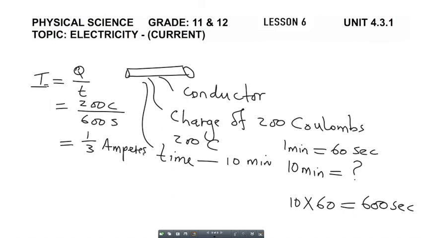So this 1/3 amperes is the equivalence in decimal to 0.33, which is going to repeat, amperes once again. So this is the amount of current which is required for this specific conductor.